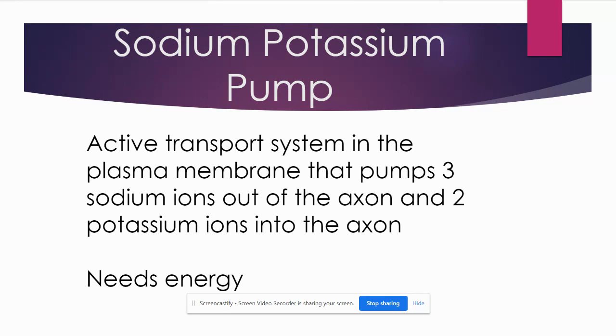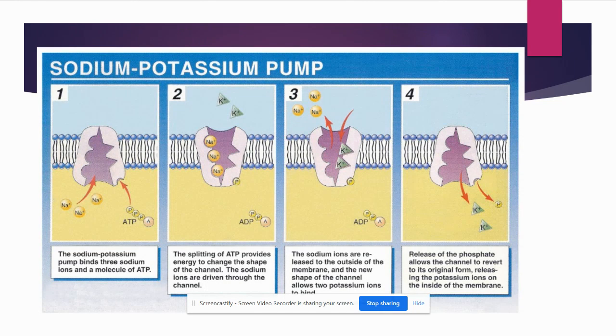So if you look at the diagram, it's going to show you that the sodium potassium pump is going to take 3 sodium ions in, and it's going to have a change in the shape, and it does need the ATP.